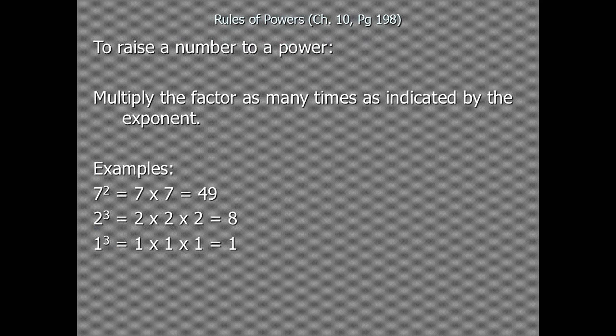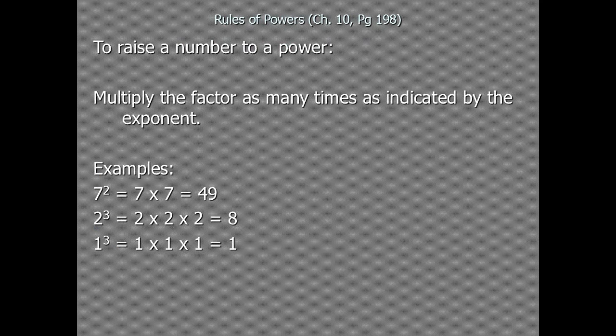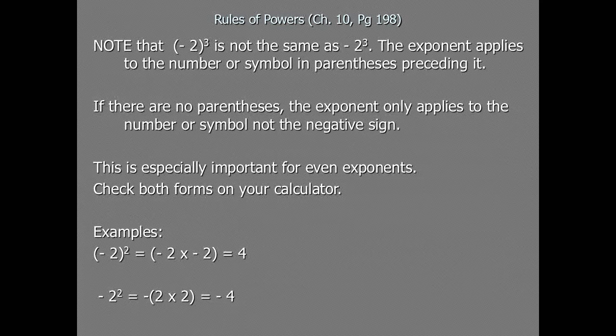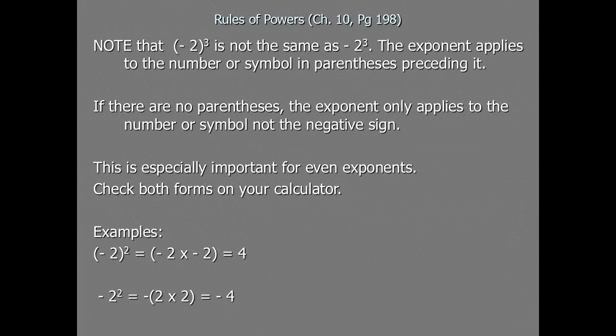Okay. Again, I think we know how to get the power, right? Let's say if something is a square, that means you multiply it 2 times. If it is to the power 3, 3 times, right? And something we need to be careful about when we are using signed numbers, right?